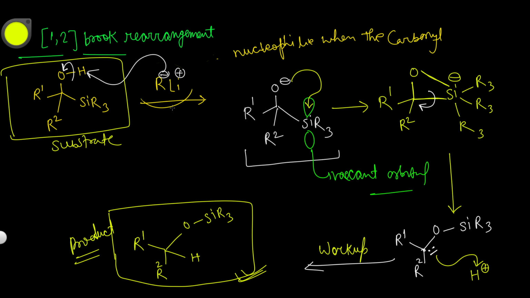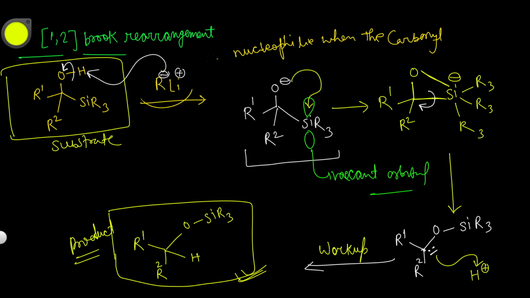So first of all, what happened? RLi attacks, R minus acts as a base. It takes the acidic proton from the oxygen, and then the O minus attacks the silicon's vacant orbital, and then the three-membered ring forms. Because this is a three-membered ring, it has to break to become stable. So how can we break it?